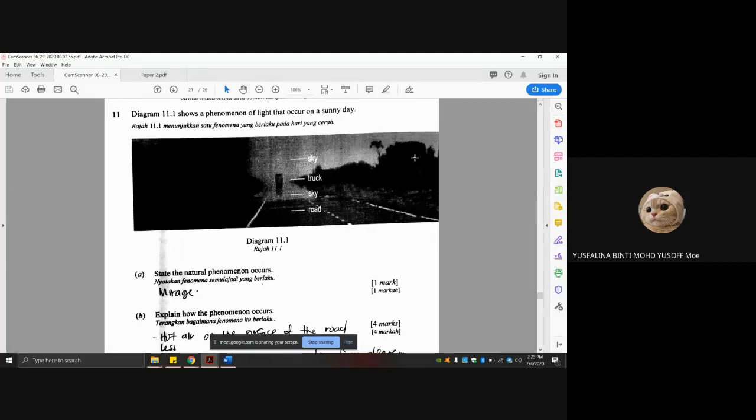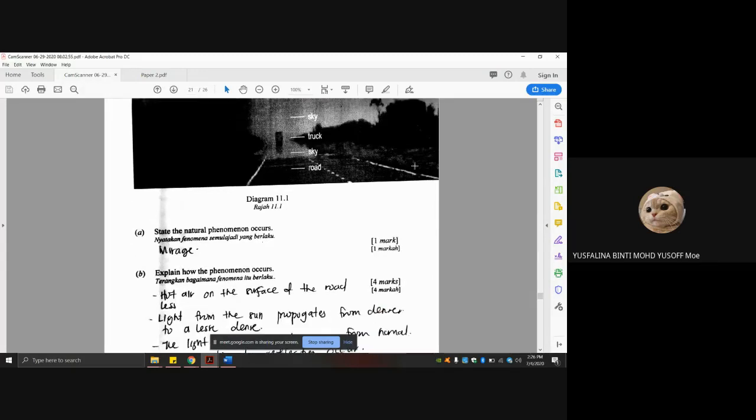When you travel, you think you see water on the road. But when you arrive there, actually there is no water. So that is called a mirage. Explain how the phenomenon occurs.